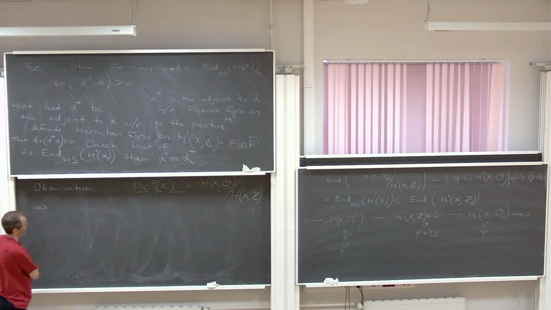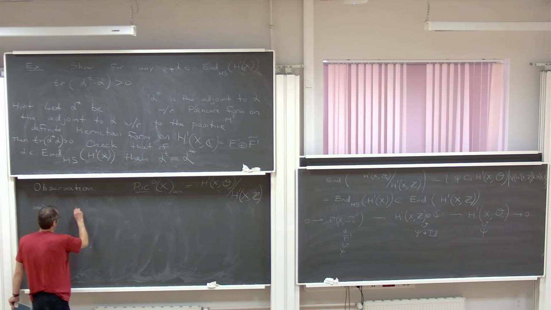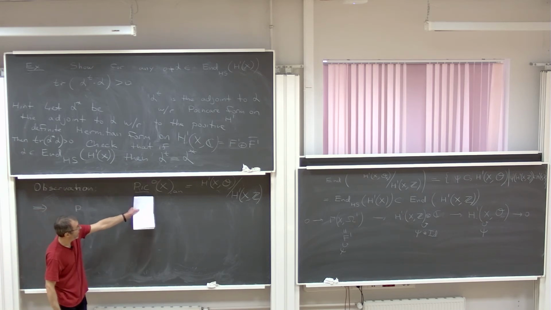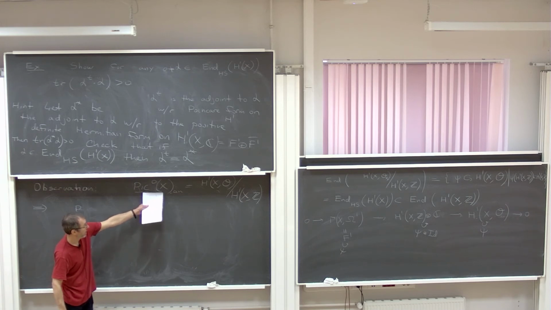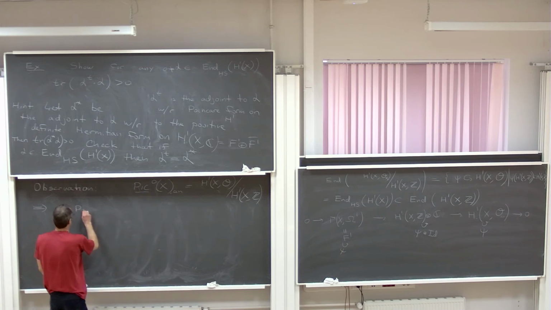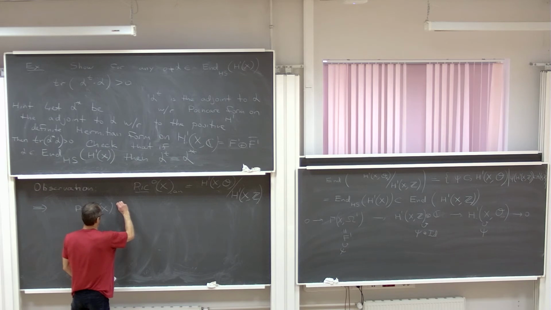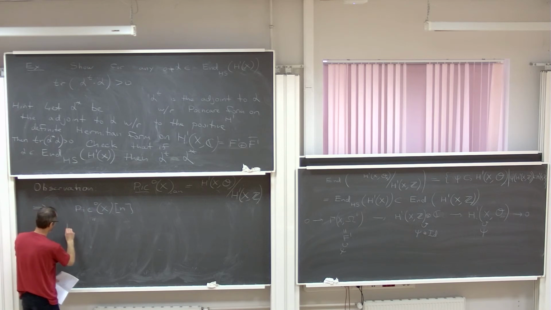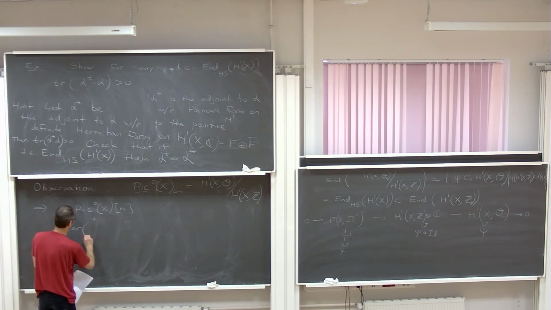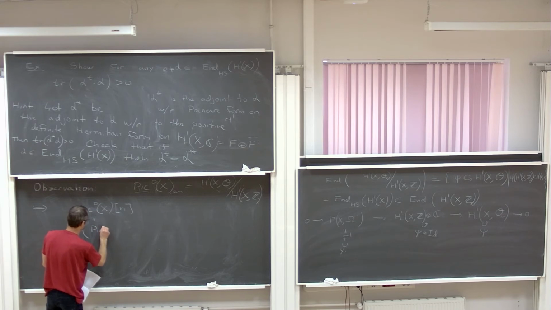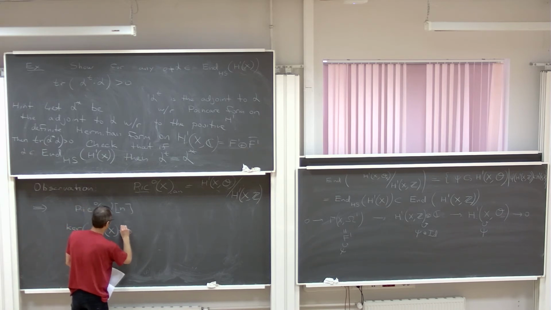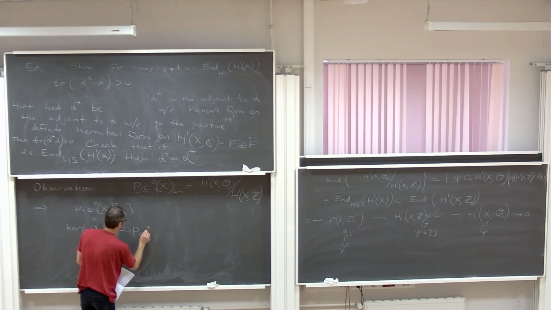This formula implies that, so let's look at the torsion points of order n in this group. So I will put n here, and this is by definition the kernel of the map from the Picard group of X to the Picard group of X, multiplication by n.